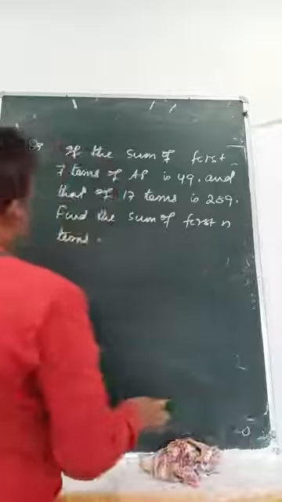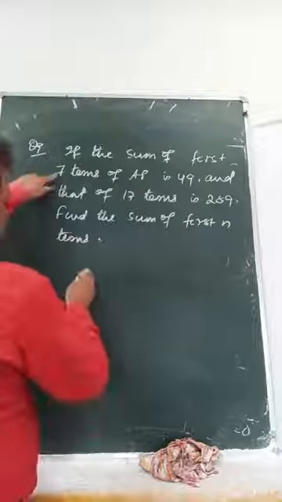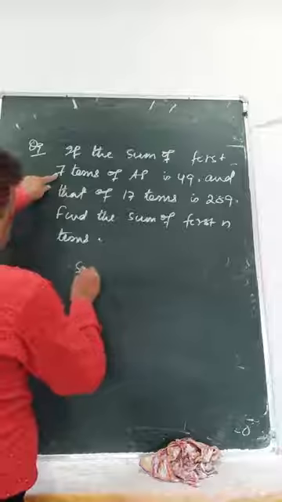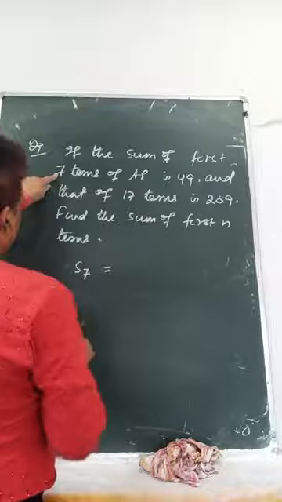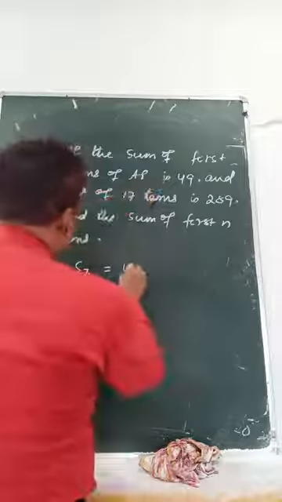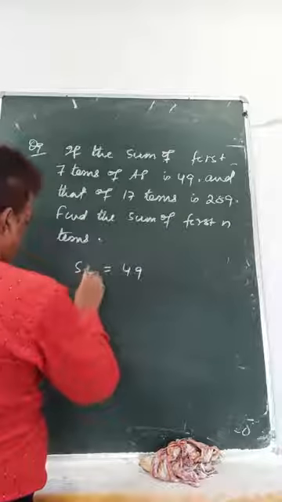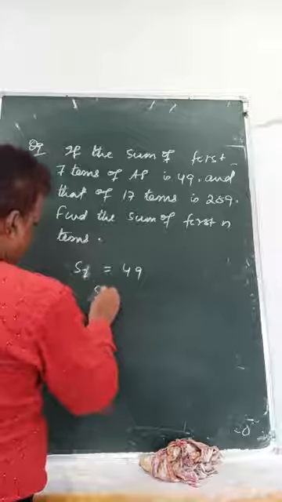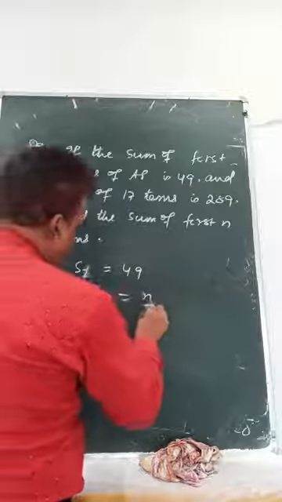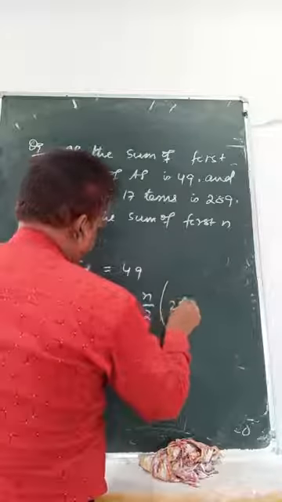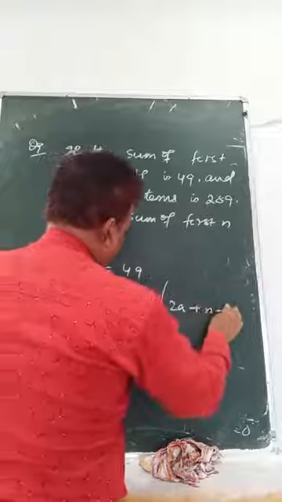Okay, let's see 7 terms. S7 is 49. What is the formula? Sn equals n by 2 into 2a plus n minus 1 into d.